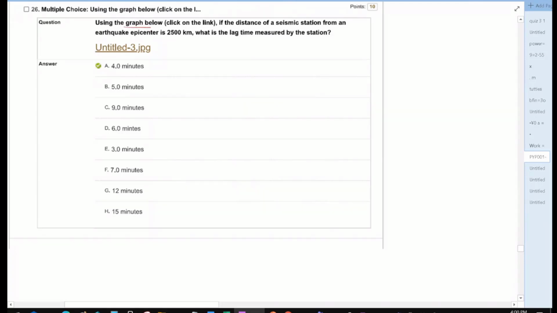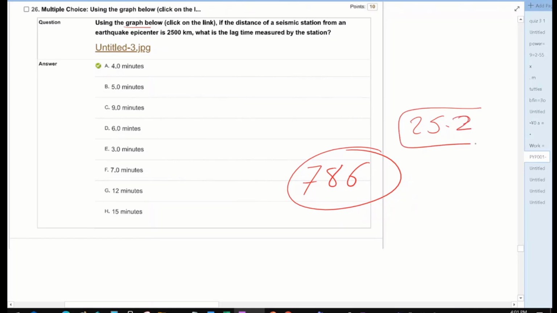So using the graph of the lag time, you will find it in the slides, or you will find it also in the textbook, page 786, or you can find it in the slides in slide 25.2.